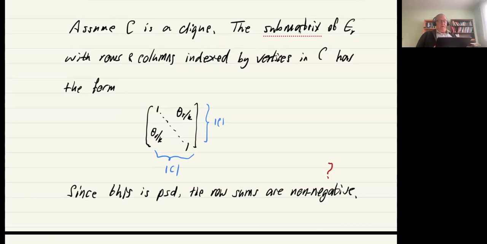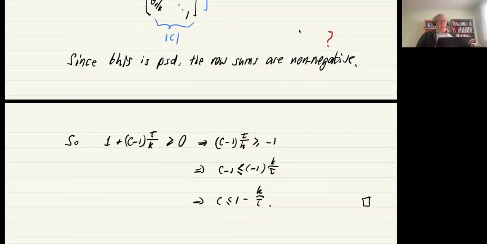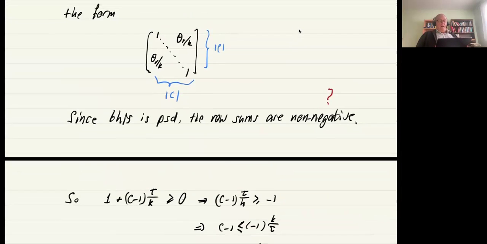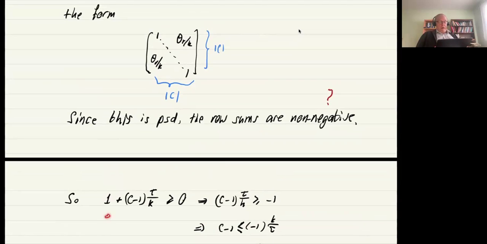The easy way of seeing it is that the row sum is an eigenvalue of this matrix. The all ones vector is an eigenvector, and since it's positive semi-definite, the eigenvalue must be non-negative. I'm going to now assume that theta_R is the least eigenvalue tau. And so the row sum is then equal to 1 plus (|C| minus 1) times tau over k. This is the least eigenvalue. So that's non-negative. That's where the positive semi-definiteness is helping.